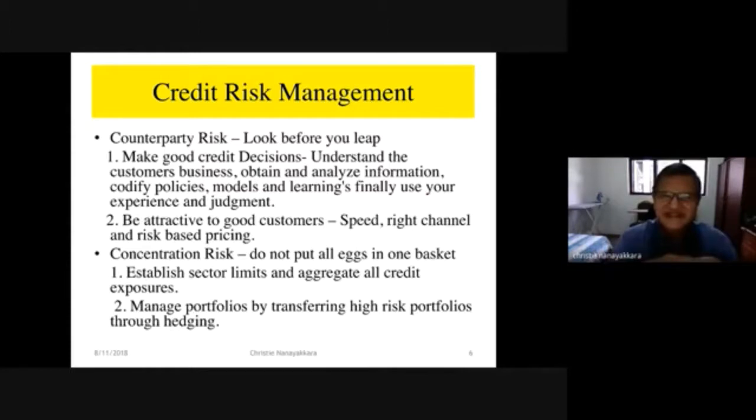Concentration is when you take facilities on one particular industry or one segment, and if something happens to that sector, non-payment of those facilities is called concentration risk, and concentration risk could also create huge credit risk to your bank.